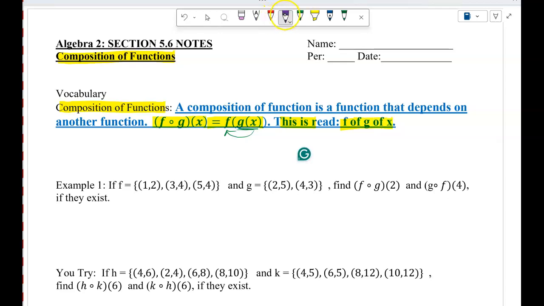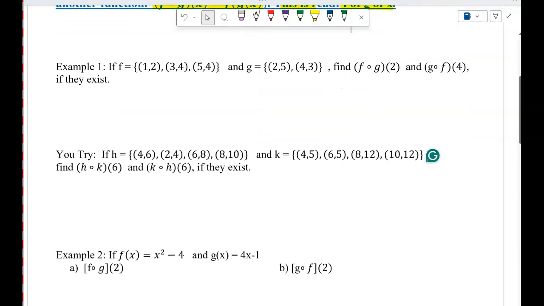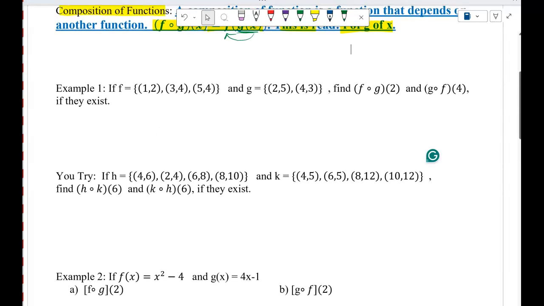So let's do an easy example right here. Example 1 says, if f equals, and we have three ordered pairs here: (1, 2), (3, 4), and (5, 4). Now g is a set of 2 points: (2, 5) and (4, 3). This fancy little bracket on the end represents a set; these are set notation.